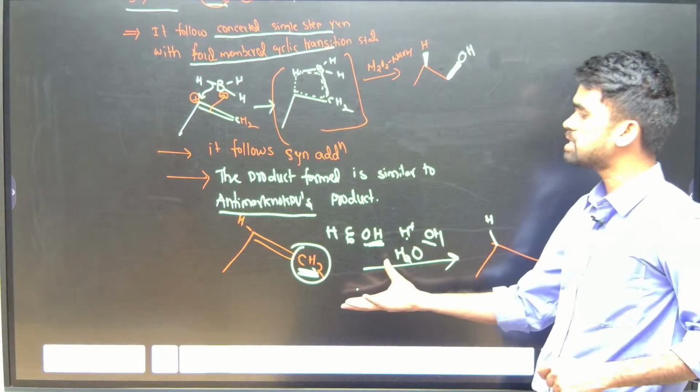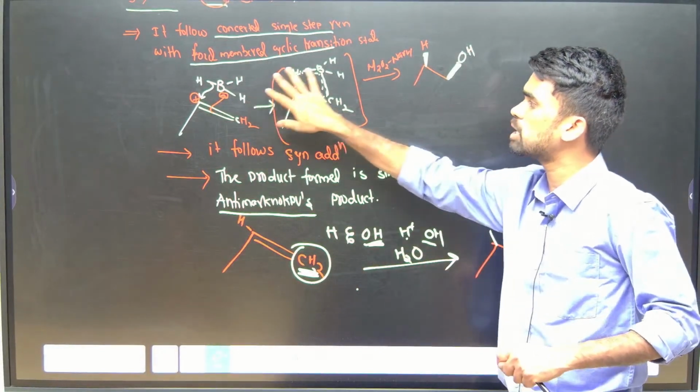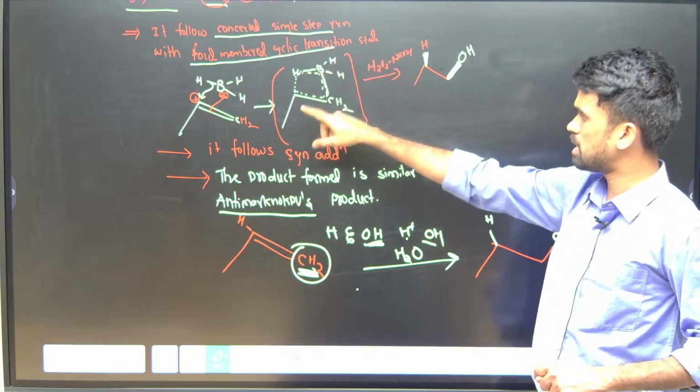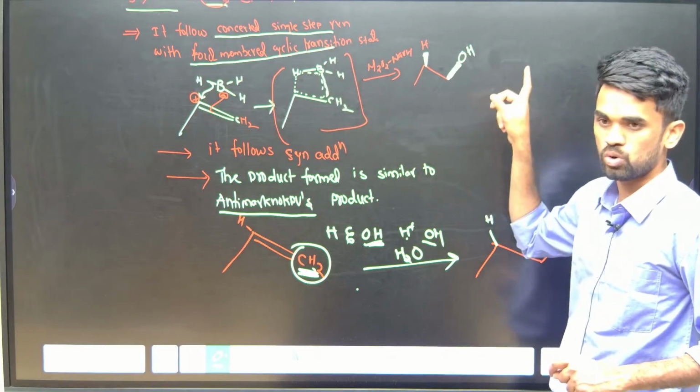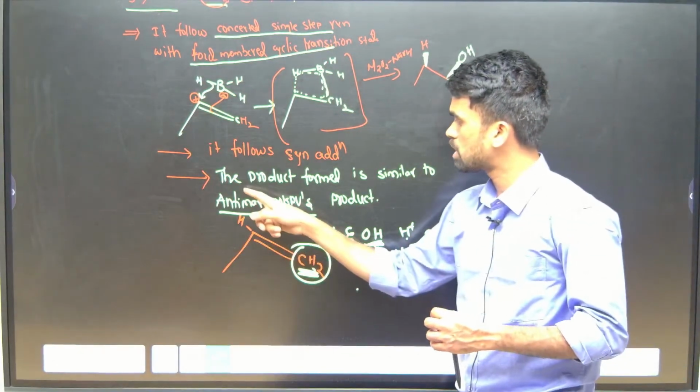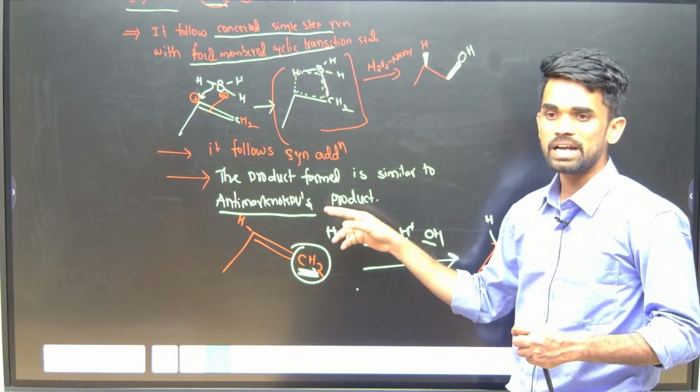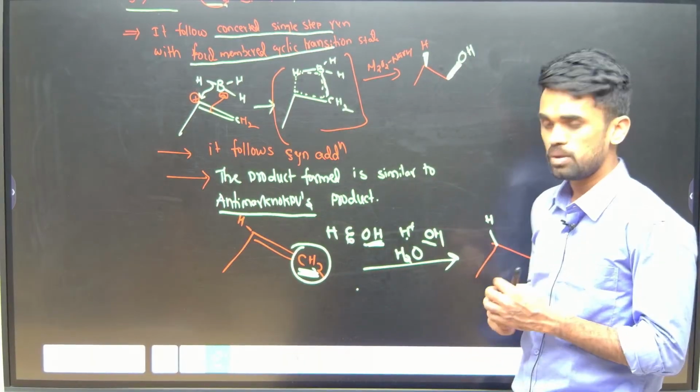How is this statement made? It is purely based on experimental observation of this mechanism. So the product formed will be similar to the anti-Markovnikov rule product. That's it.